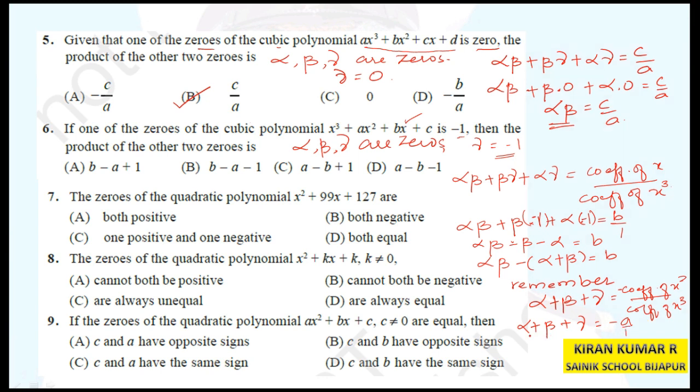So instead of alpha plus beta, we have minus a minus gamma. Since gamma value is minus 1, alpha plus beta will be minus a. This minus 1, when you transpose, becomes plus 1. Nothing but 1 minus a.